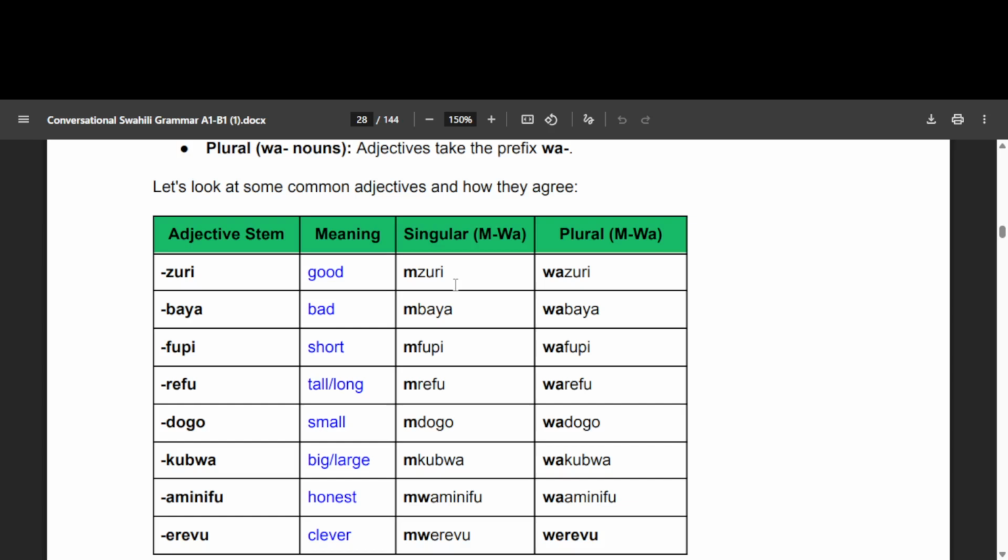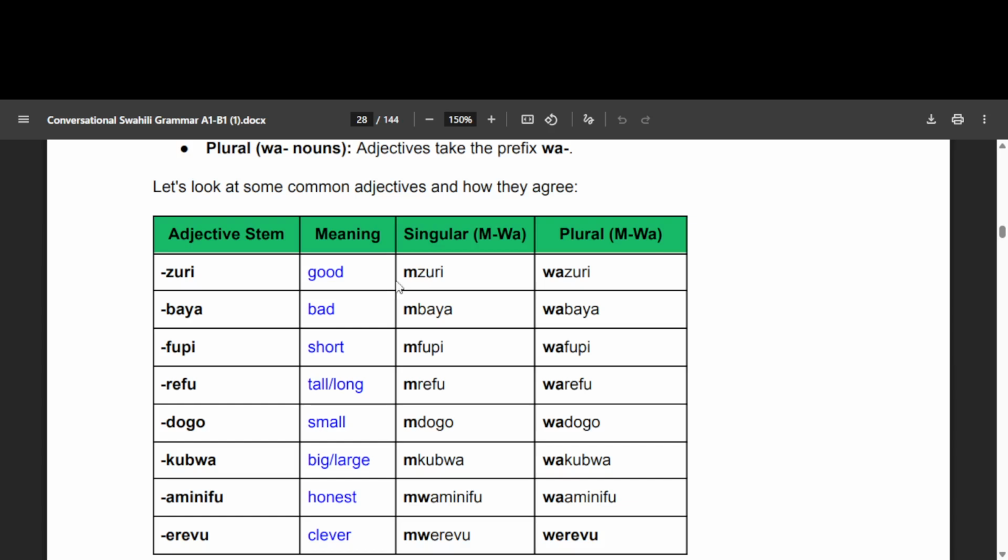Habari is not a noun in Mu-A class. Instead, we say habari nzuri, with an N, nzuri. That's the difference. People ask, is it habari nzuri or habari mzuri? So next time I say habari and you hear someone say mzuri, no, hapana. It's habari nzuri.